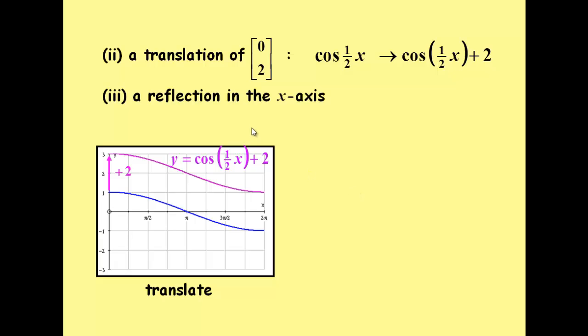And then finally our reflection in the x-axis. Well, here's the x-axis. That's going to work as a line of reflection. We're now on this graph here. It's minus the whole thing, because remember, when it reflects in the x-axis it's minus f of x, so it's minus everything we've got.